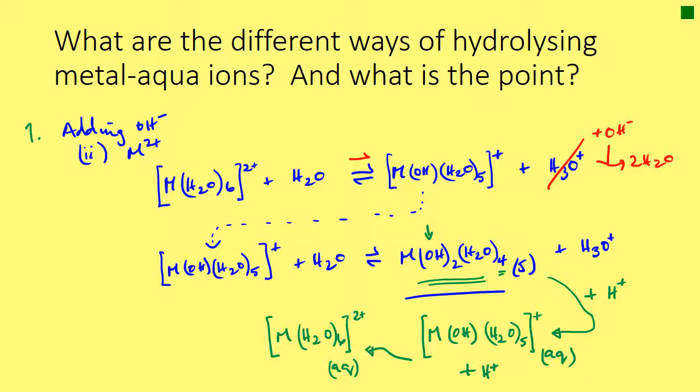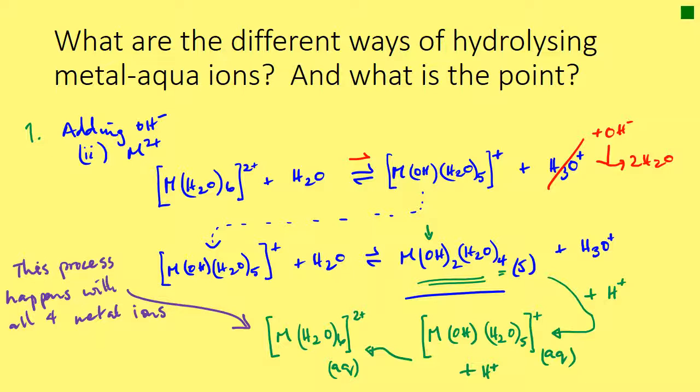Now, this process of redissolving the precipitates, where the precipitates act as Bronsted-Lowry bases, happens with all four metal ions.